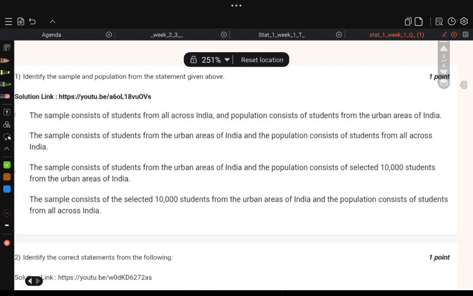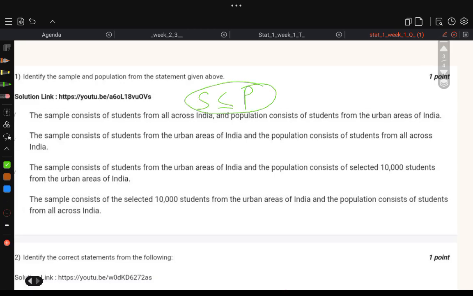A sample consists of students from all across India, and the population consists of students from urban areas. It is a wrong statement, right? The sample will always be less than or equal to the population. If the sample is greater than the population, then what is the purpose of taking a sample? We take a sample to decrease the data set, and then take the average of the heights.